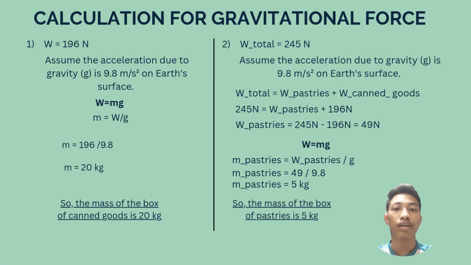So 245 newtons minus 169 newtons equals 49 newtons. We use the same formula as in question 1, m equals W divided by g. So 49 divided by 9.8, and we get 5 kilograms. So the mass of the box of pastries is 5 kilograms.